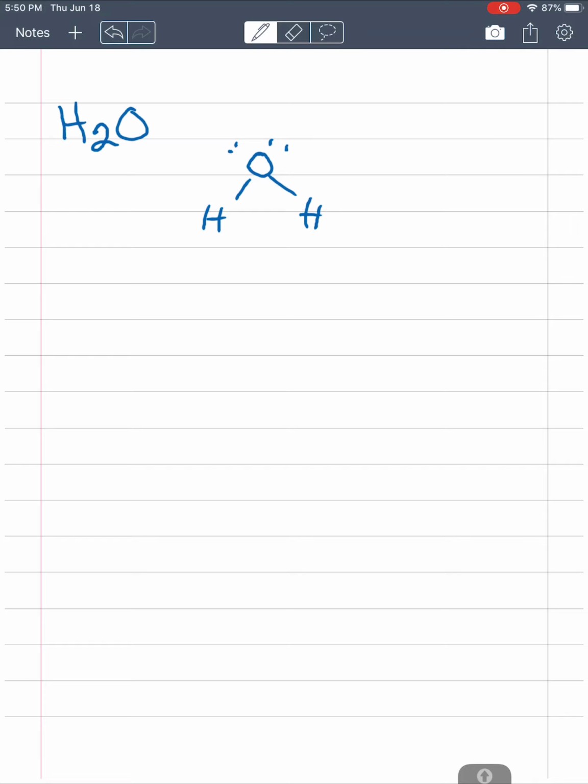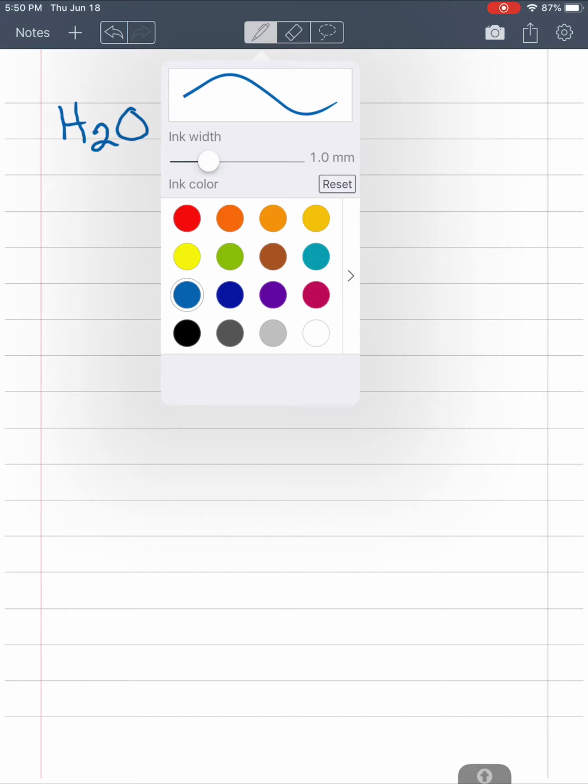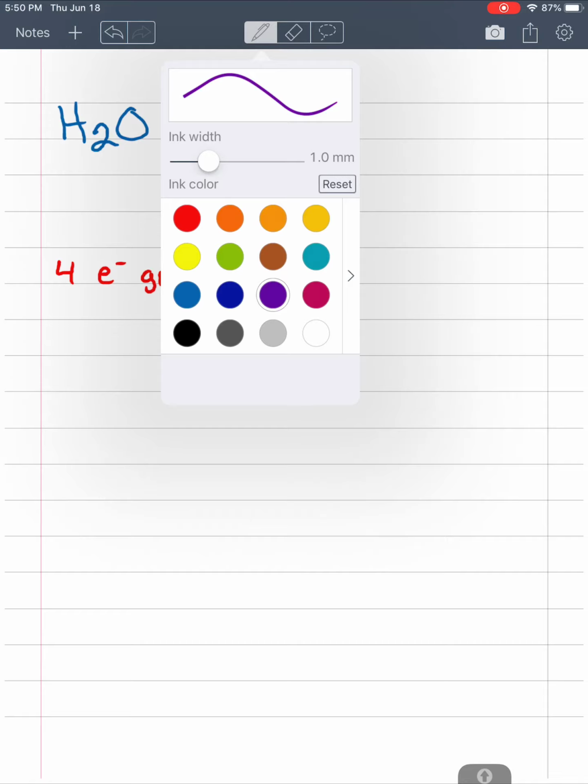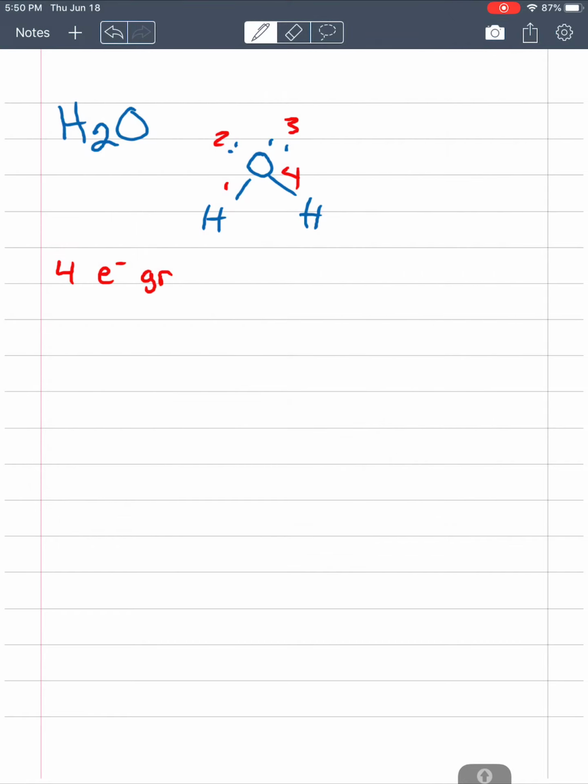All right, that's the Lewis dot structure for water. So let's count the electron groups around oxygen. So 4 electron groups. And then let's look and count how many lone pairs we have. We have 1 lone pair, 2 lone pairs.